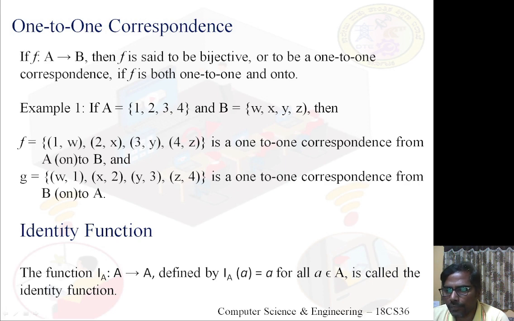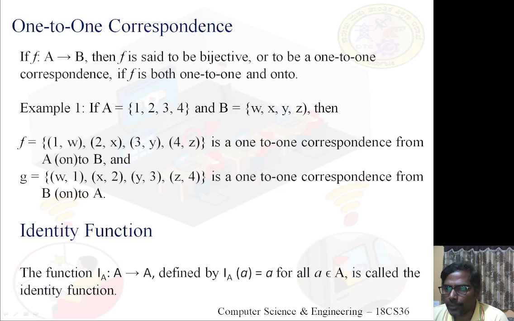A function f from A to B is said to be one-to-one if the elements of codomain appear at most once as an image.